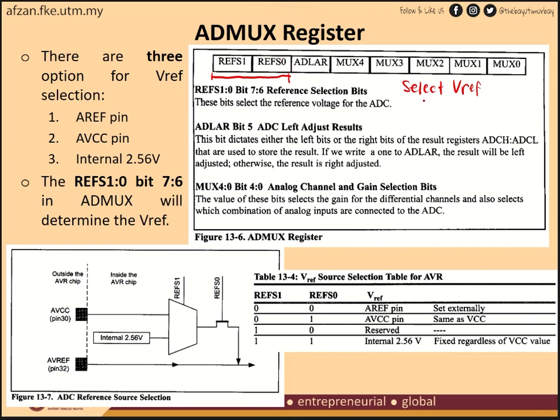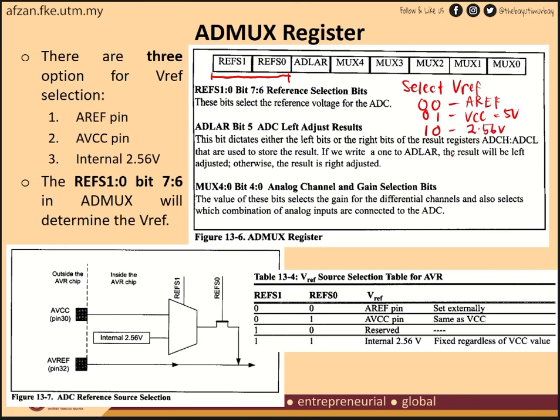Okay, if you put 0 0 at your bit 7 and bit 6, what happens is your VREF is coming from your AREF. You put 0 1, it is coming from your VCC, which is always 5 volt. And when you put 1 0, the VREF is coming from your internal voltage, which is 2.56 volt.